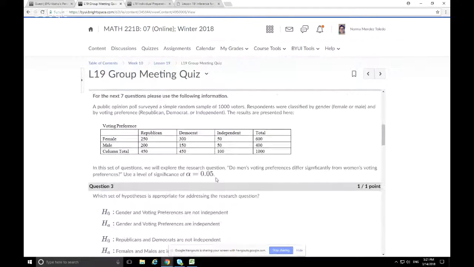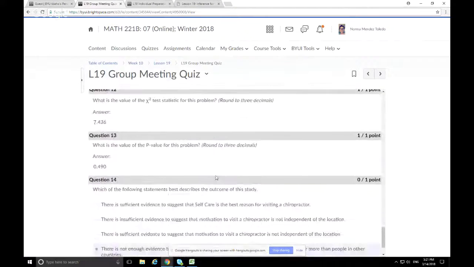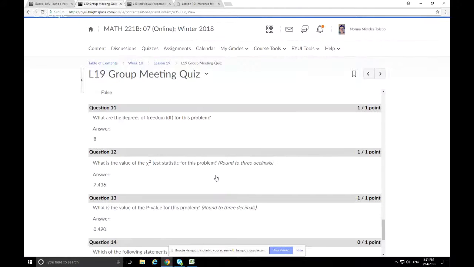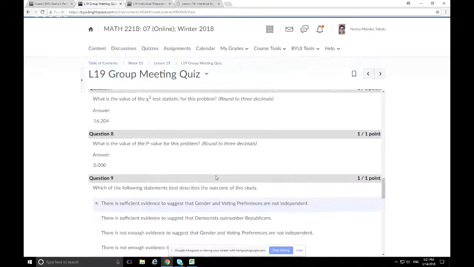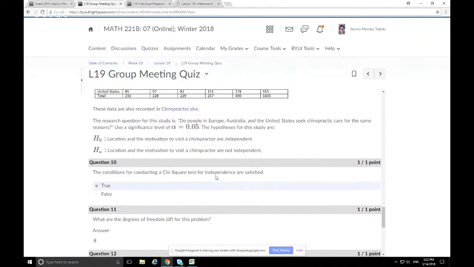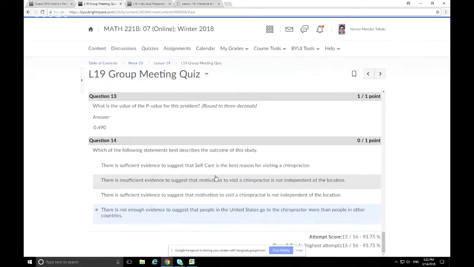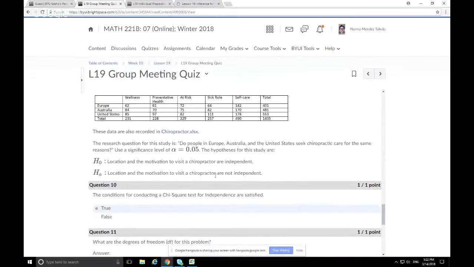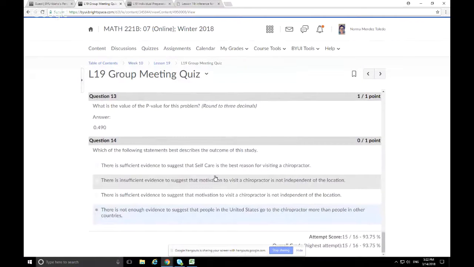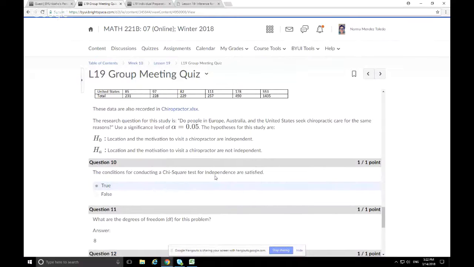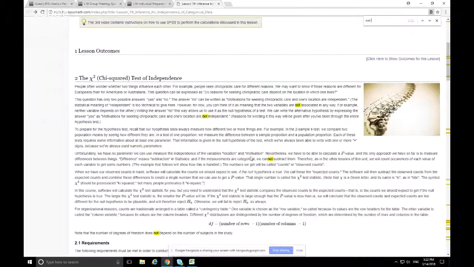Nope, we got the last one wrong. Oh my gosh. It doesn't make sense though. Let's go back and read that. It says we fail to reject the null hypothesis because the p-value is higher than 0.05. So there is insufficient evidence. That's so confusing. It's the second one, because it's not independent of the location.